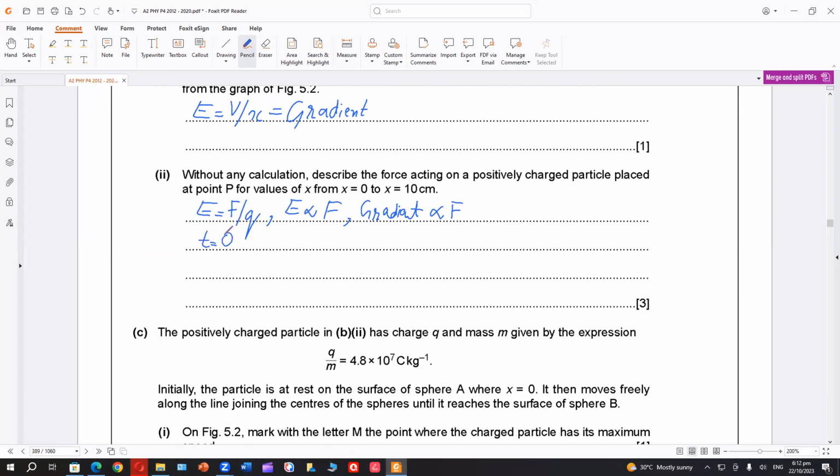As the tangent gradient increases, the force increases, right?